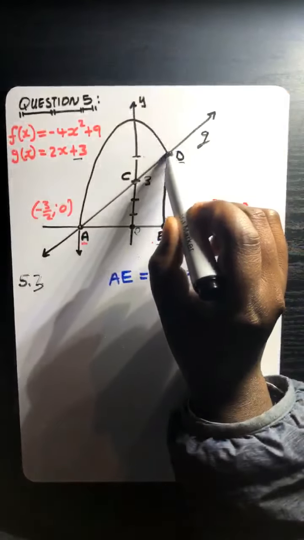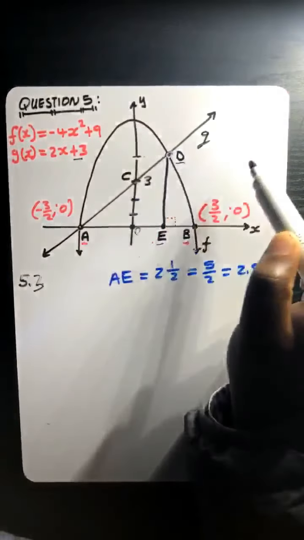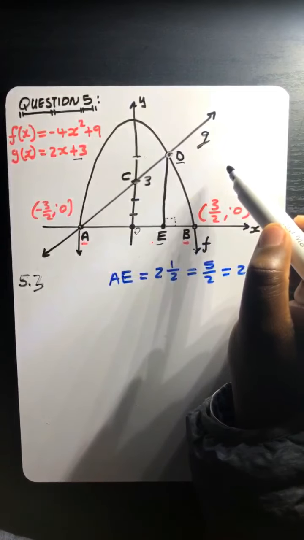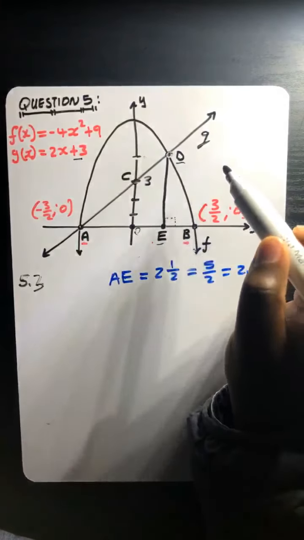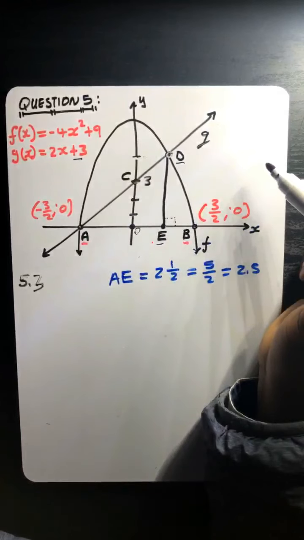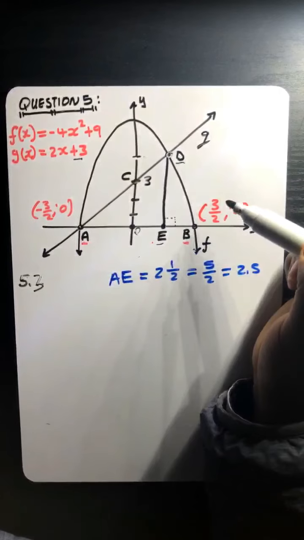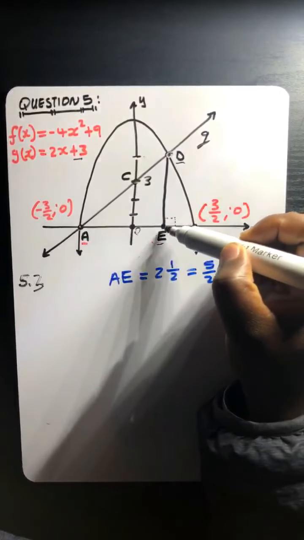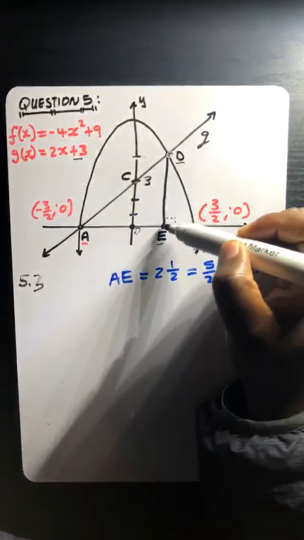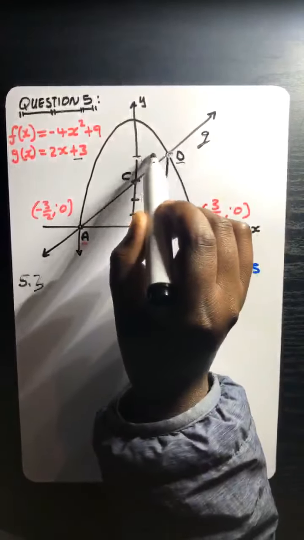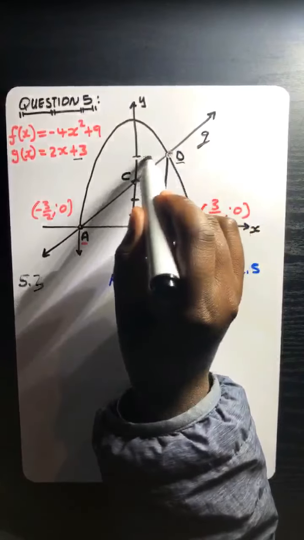It is from where both of these functions touch each other, which means you can possibly use any function. You can use any function to determine the distance from there to there, or the length from there to there, or the y value at that point over there.